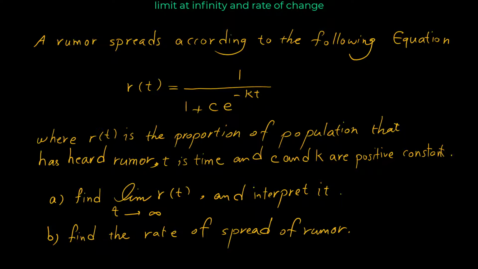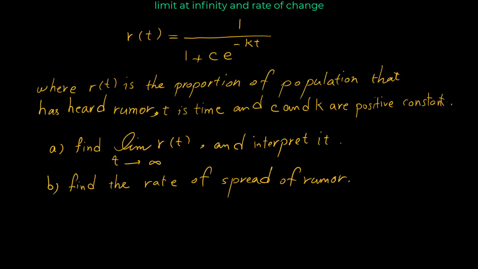So in the given function, the variable is t, and c and k are constants. Find the limit of r of t when t approaches infinity and interpret it.